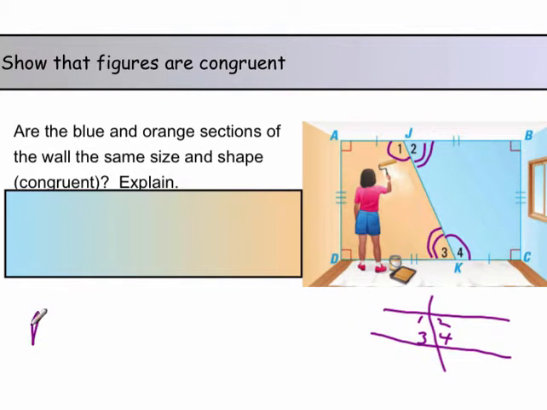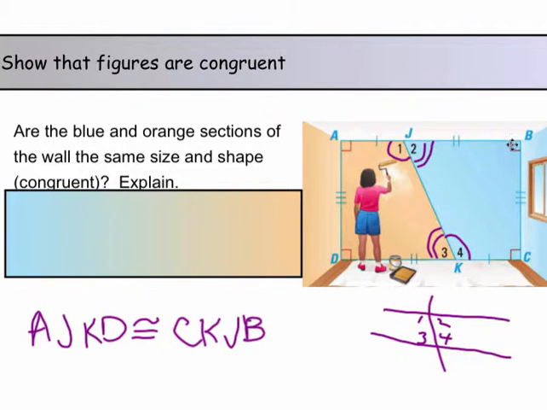A, J, K, D is congruent to, now I got to make sure I get these corresponding, so it'd be C to K, okay, because those are the corresponding angles. And then since I did A, J, K, then this would be J here, and then A, J, K, D, then this would be B, because D and B are congruent. Okay, so this would be the congruent statement for this wall, the orange and the blue together.